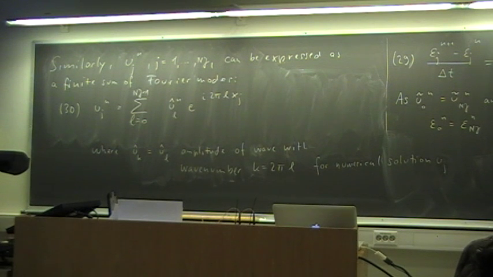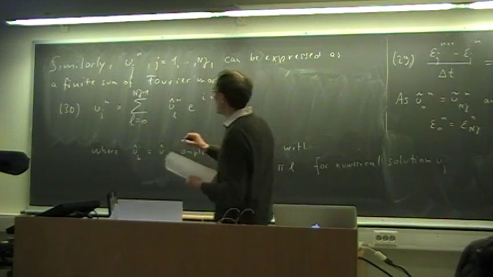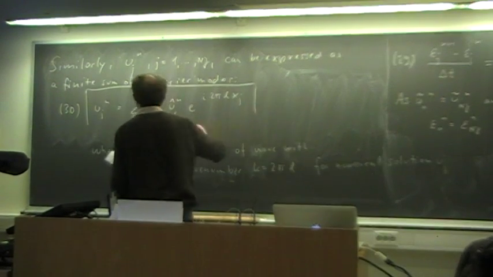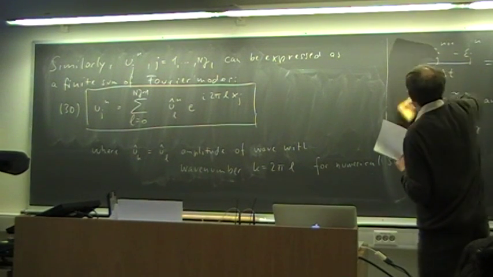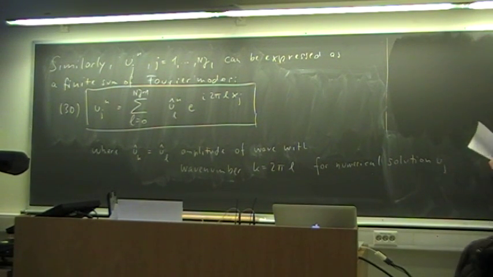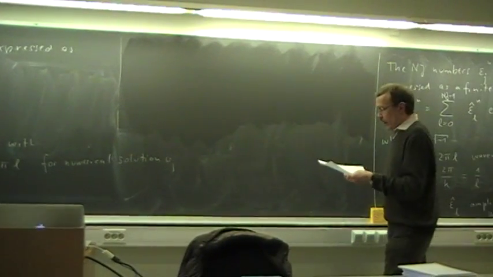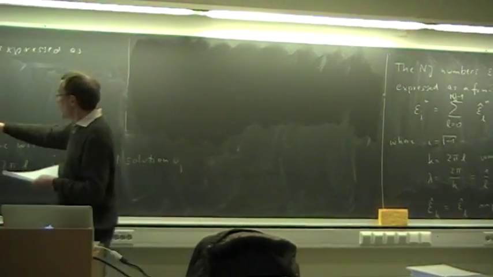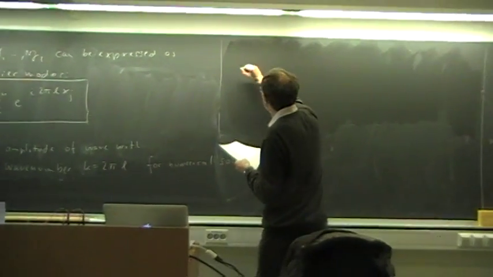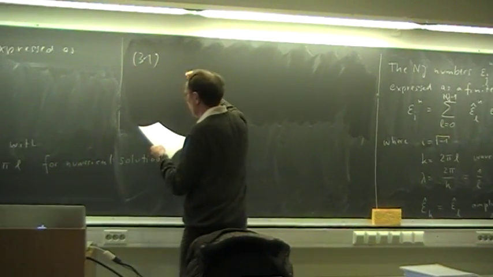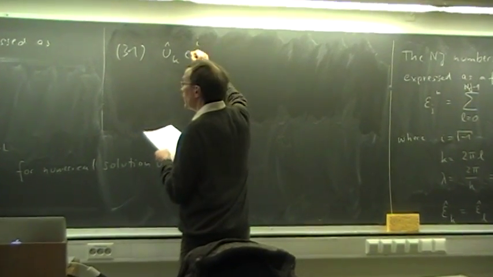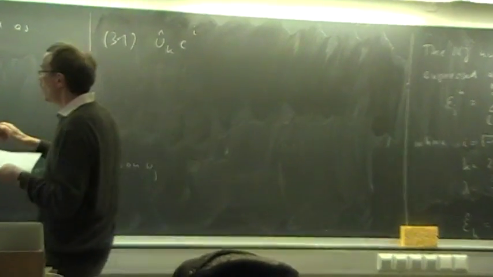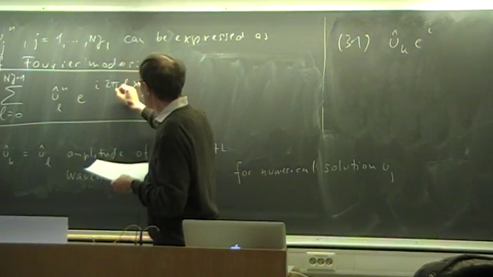We could do it here also, but we'll take this one. And the term that is appearing here, I give it a name, u hat_k e to the i k x_j, and now we use here for this the k.